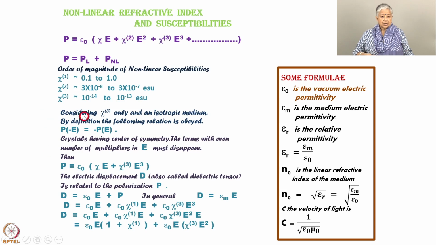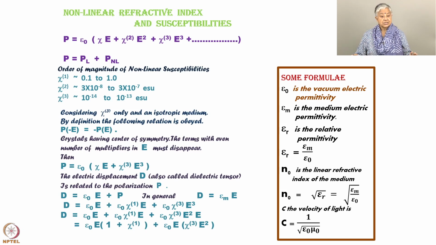Now, chi 3 will take place in an isotropic medium. By definition, the following relation is obeyed: P of minus E is equal to minus P of E. Just think about it. Crystals having a center of symmetry will follow this.